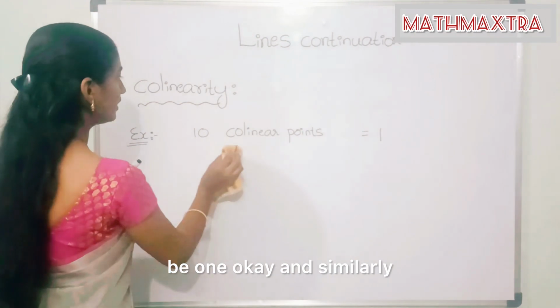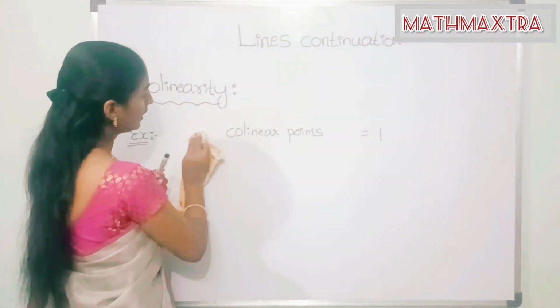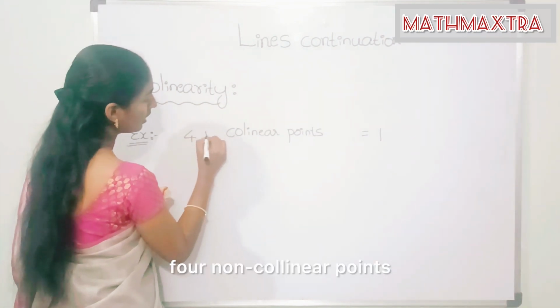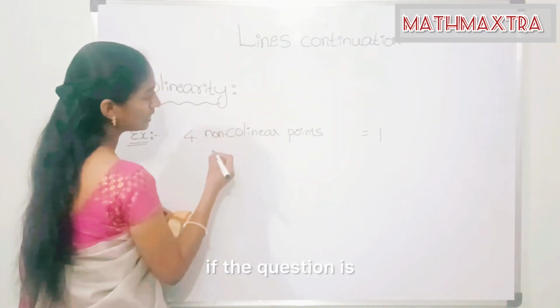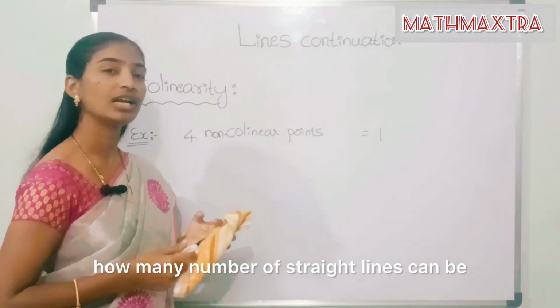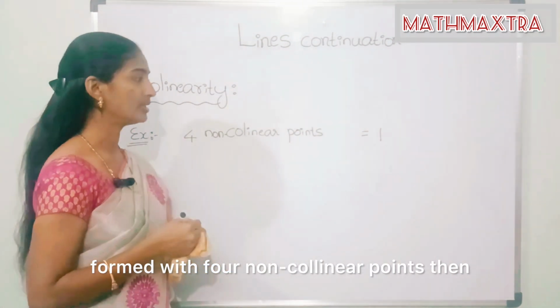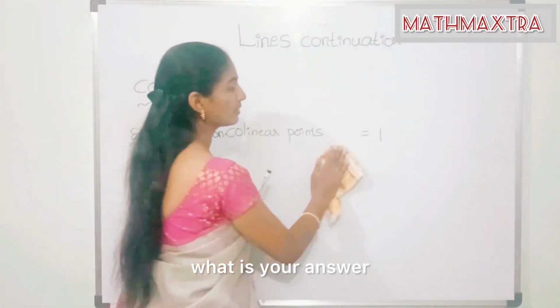And similarly, if the question is how many straight lines can be formed with 4 non-collinear points, then what is your answer?